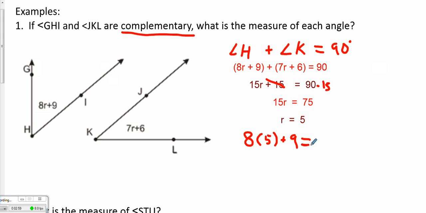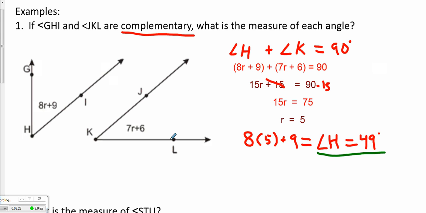This will give us the measure of angle H. 8 times 5 is 40. 40 plus 9 is 49. So the measure of angle H is 49 degrees. So that's one of our answers.